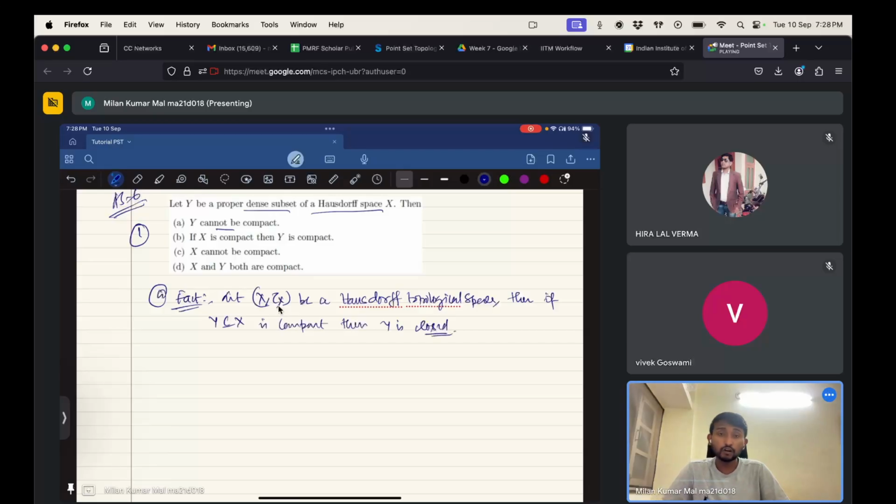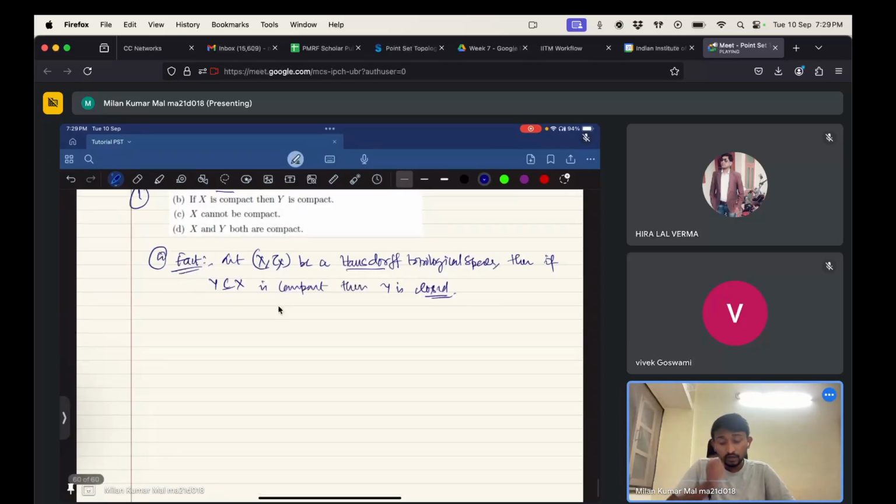Right? This is already proved in class. If I take a Hausdorff topological space and there is a subspace which is compact, then it is closed. A closed subspace of a compact topological space is again compact, but this is a special property of Hausdorff spaces: if it is compact, then it should be closed.